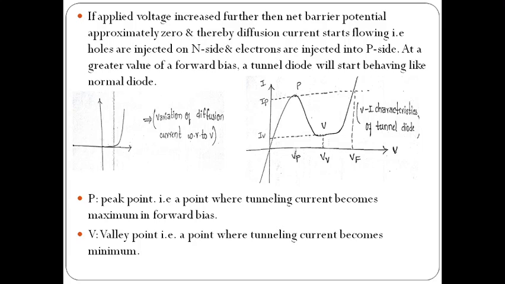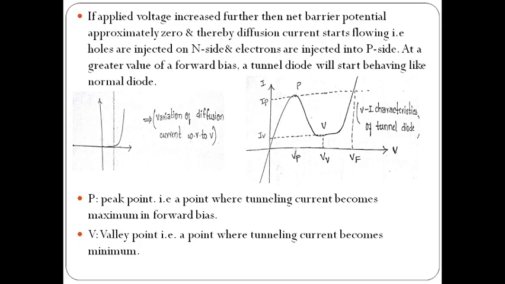So when the tunnel diode reaches the valley point as I increase the forward bias more, after that it will work as a normal PN junction diode. That current is due to the diffusion current.